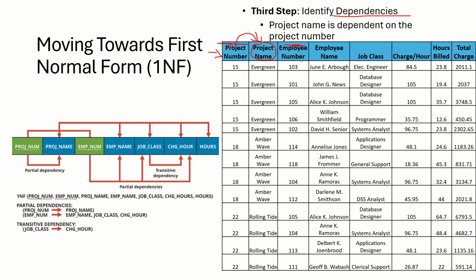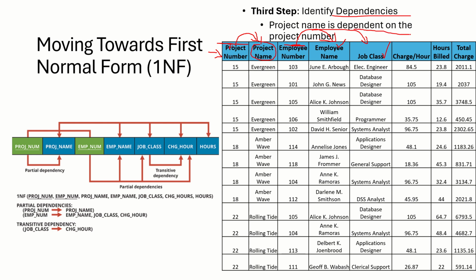Another one is employee number. Based on employee number, can you tell the employee name? Yes. Based on the number, can you tell this employee's job classification? Yes.